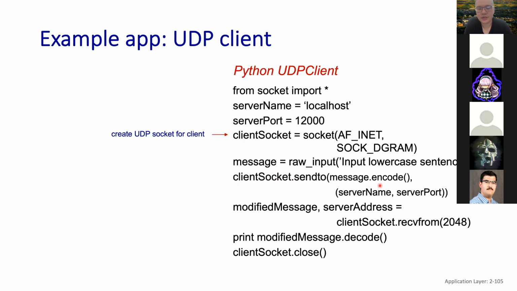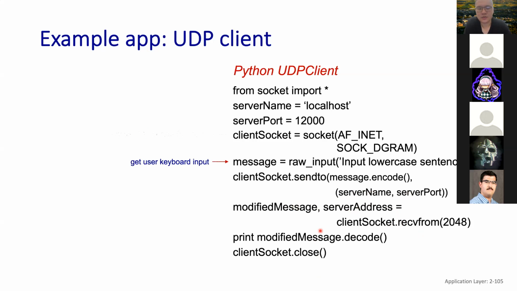You send the message to the specified server name and port number. Okay, after that, you receive something. You can see here, after sendto comes recvfrom, right? You receive the message from the server side, with the modified message and the server address, and you just print that and close.